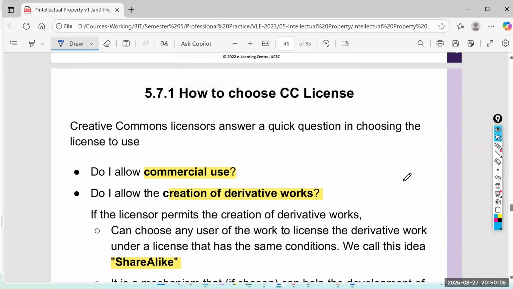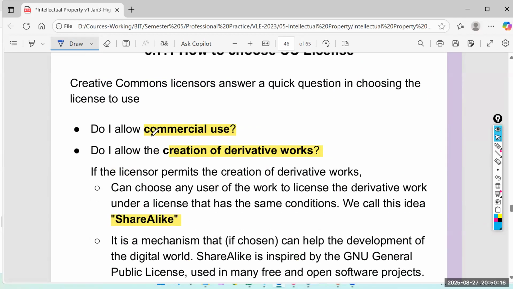What are the different aspects related to Creative Commons licenses? Which includes whether someone can use it commercially or not. So I can say, yes, you can use my content, but not commercially. Or I can say, yes, you can use it even for commercial purposes.